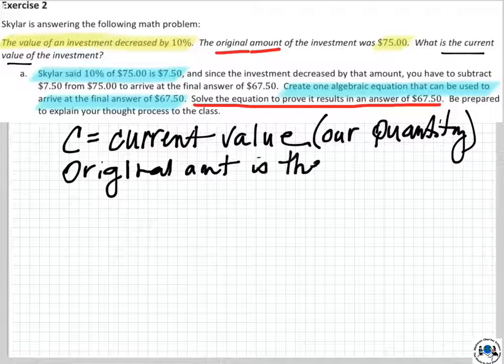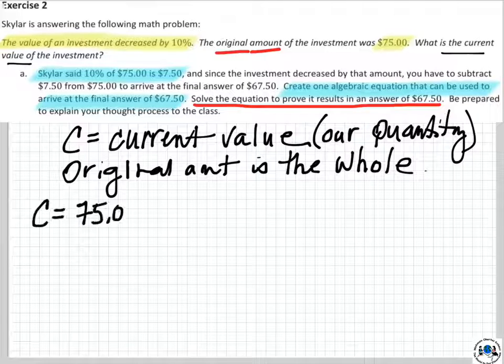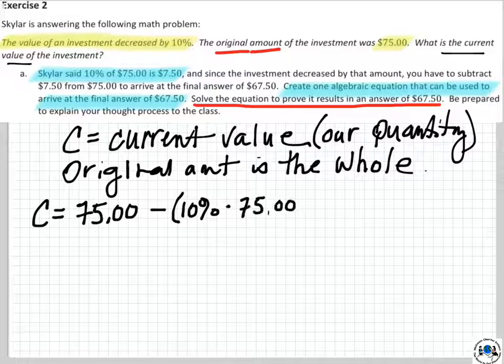But the original amount is the whole. That whole is always going to be the original amount when we're talking about a percent increase or decrease. So here we have our new percent formula: C, quantity or current value, equals $75 minus 10% times $75.